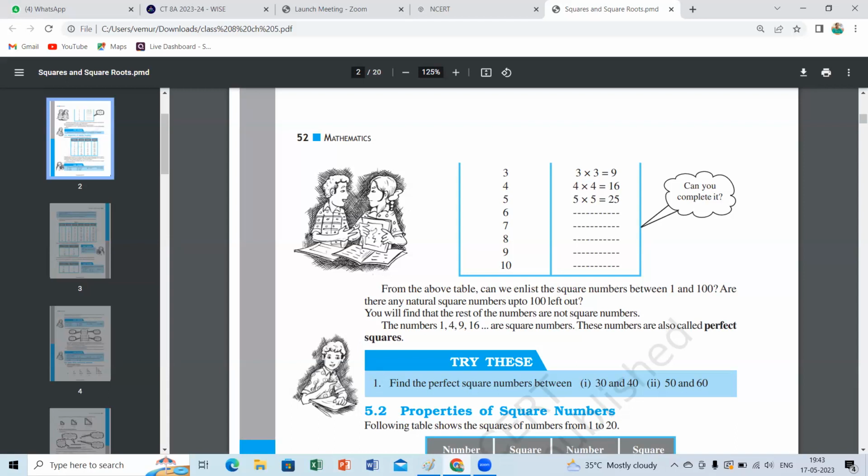Harshit, please correct that statement. If the number of zeros is even, it might be a perfect square. It only depends on a few numbers, not all numbers. If the number of zeros is odd, it's not a perfect square. Very good.